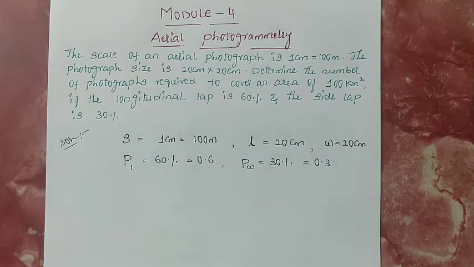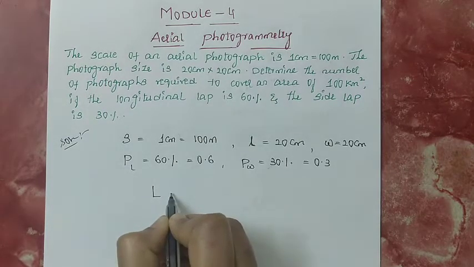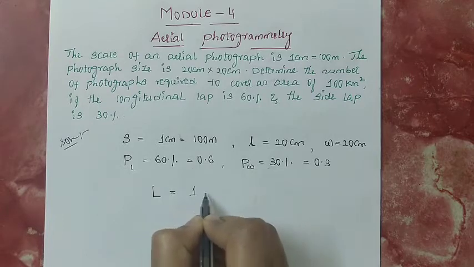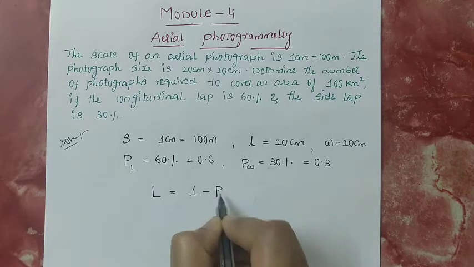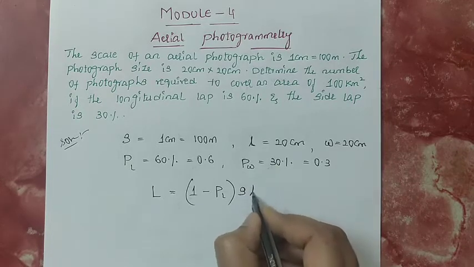Next you need to calculate the actual ground length covered by each photograph. It is denoted by L, which is equal to (1 minus PL) into S into l.